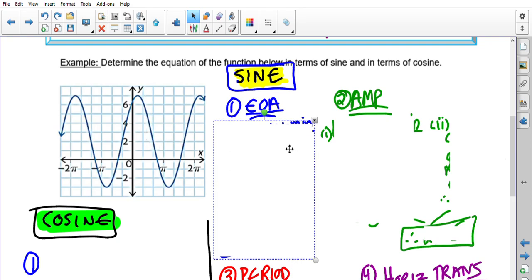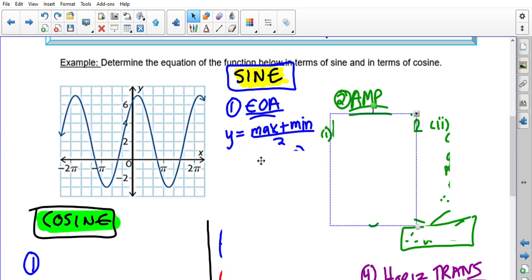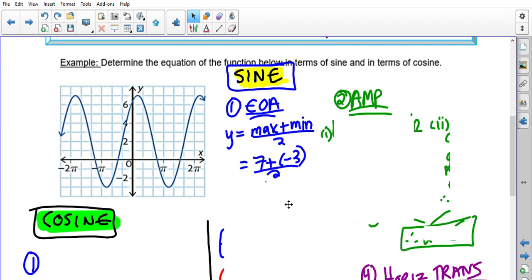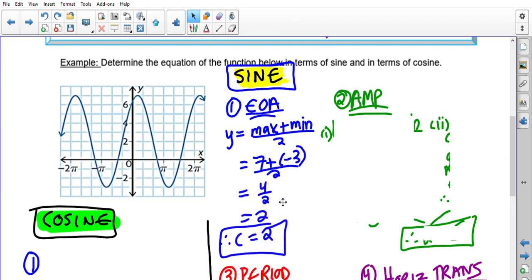So we find the equation of the axis, that's the halfway point between the max and min. So y is going to be max plus min divided by 2. You should remember this from last year. That's 7 plus negative 3 divided by 2. So 4 divided by 2, so we get 2. So that tells us in our equation that the c value is 2.